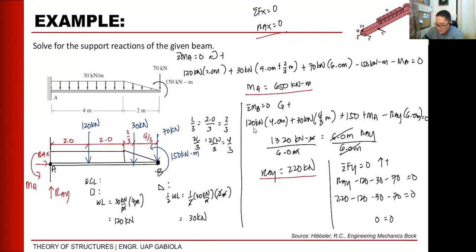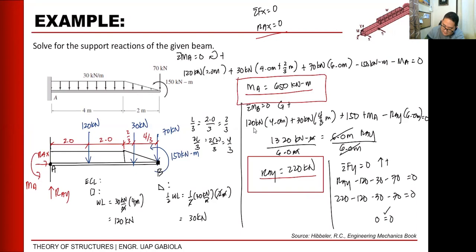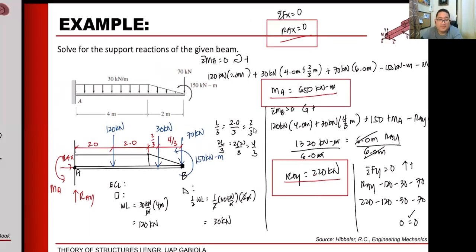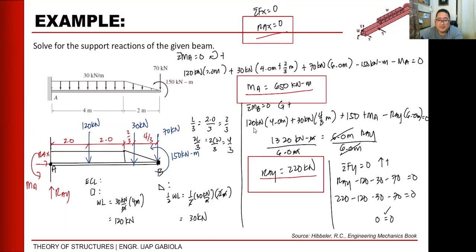So, this is equal to 0, which tells us that the calculated reactions natin for RAX, RAY, and MA are all correct. Okay? So, ganyan po ang pag-solve ng support reactions natin. Okay? Question po?